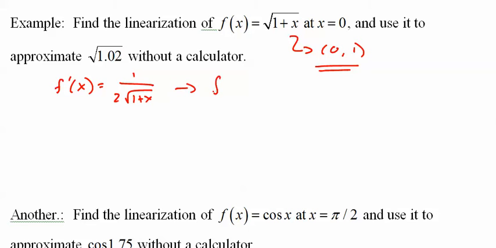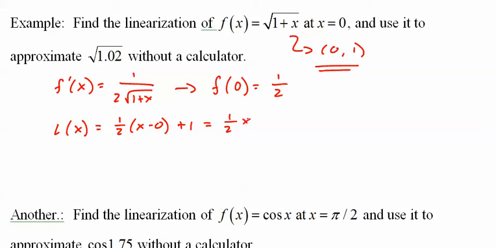We plug in the point we care about, 0. We find out we're looking at 1/2 for a slope. And then we say the linearization is 1/2 (x minus 0) plus 1, also known as 1/2 x plus 1.